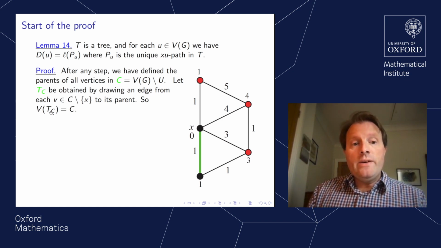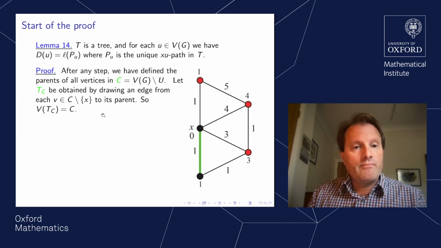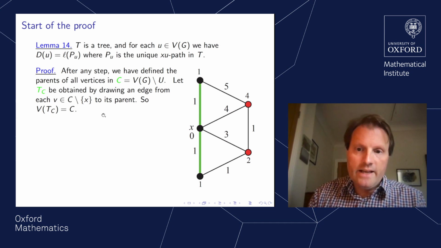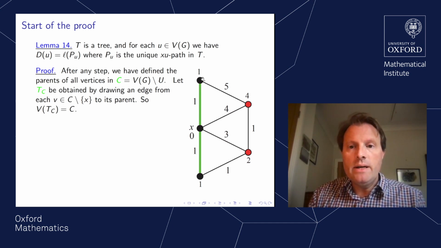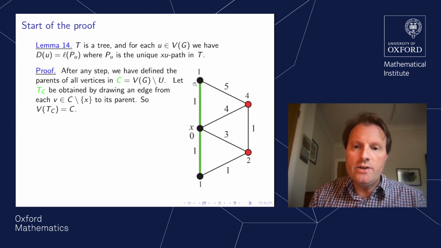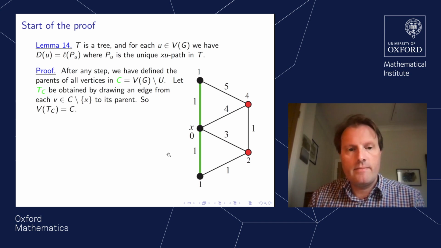So V of TC is C. At the next stage, we've enlarged C and thereby enlarged T of C, and so on and so forth.